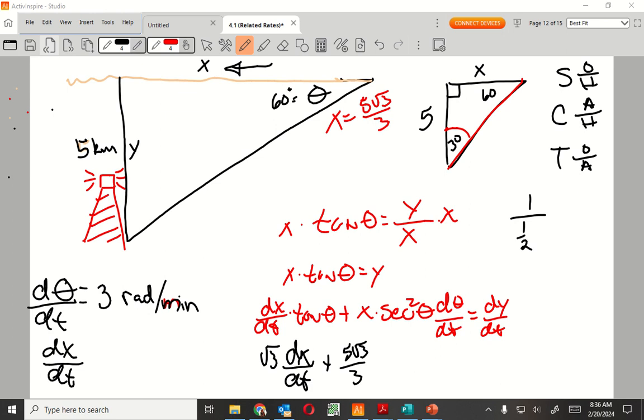Secant is the reciprocal of 1/2, which is 2. And secant squared is 2 squared, which gives me 4.